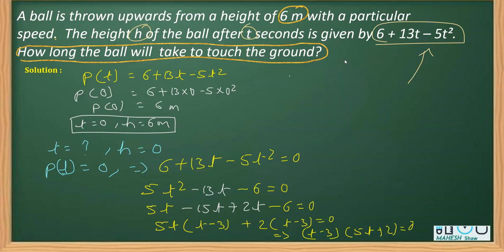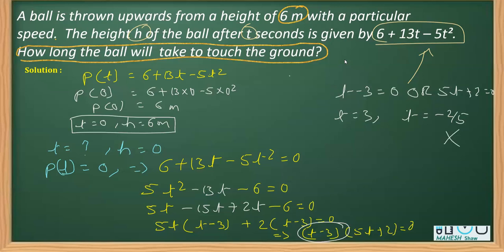So if I equate this with 0, that is t minus 3 equal to 0, or 5t plus 2 equal to 0. Comparing this with 0, I'll get t is equal to 3, and here t is equal to minus 2 by 5. Yeah, time cannot be negative.